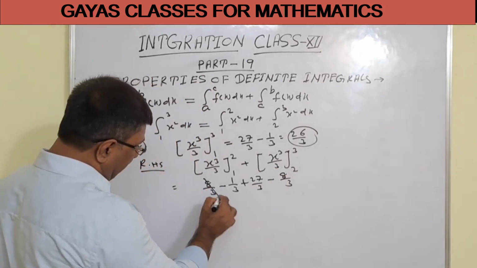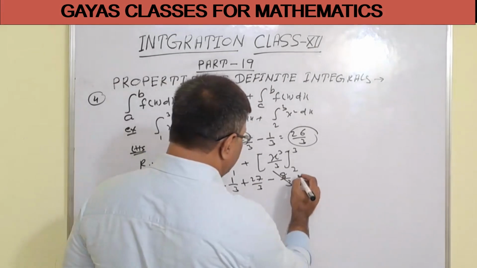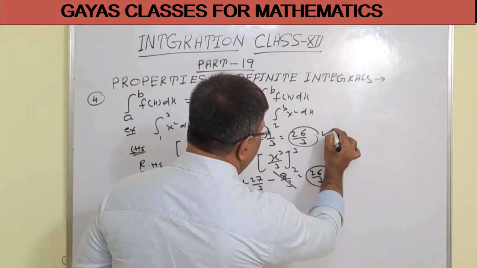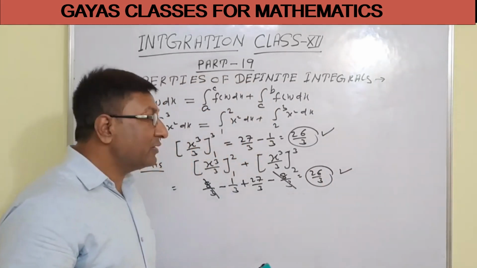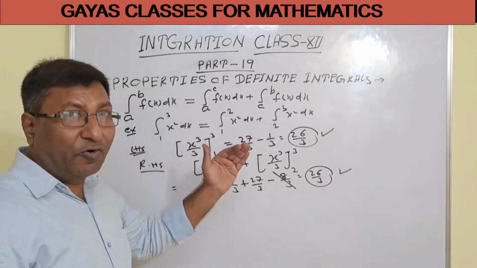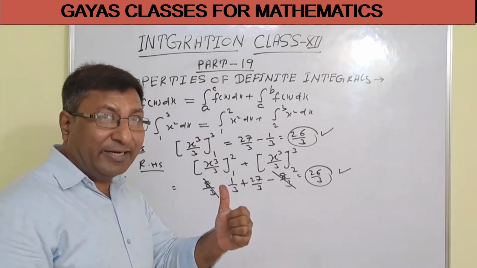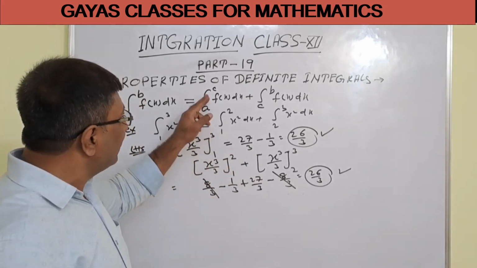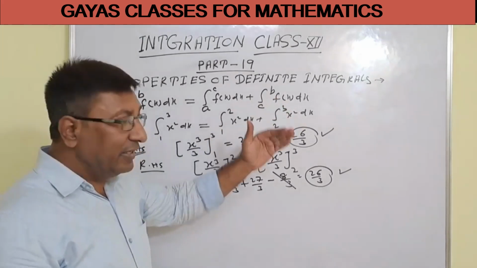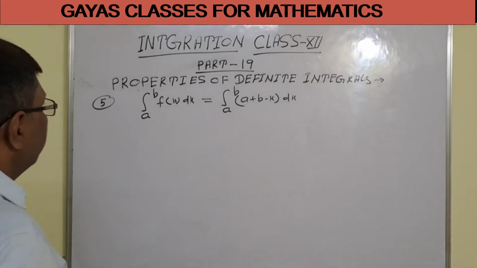So this 8 by 3 and this 8 by 3 cancel out. So minus 1 plus 27 is 26 by 3. So our result of LHS and RHS is the same. So this is the simple property: integral from a to b of f of x dx, when c is any number between a and b, we can write integral from a to c plus c to b. We have given one example.